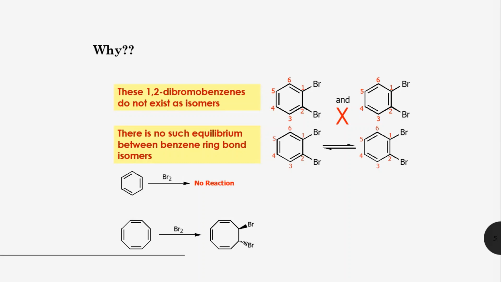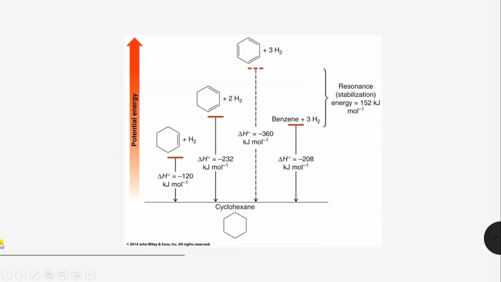Now the question is whether the thermodynamics, whatever we are saying about the addition reaction of normal alkenes and those of the aromatic rings, how they are different and how they behave differently. This can be further explained on a thermodynamic basis.